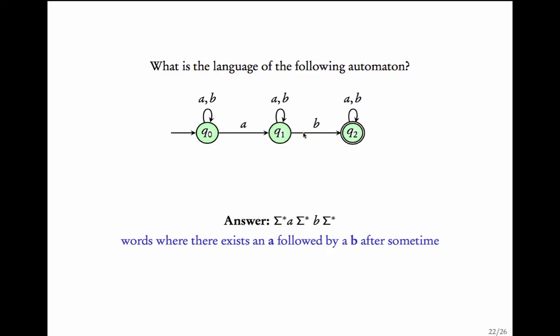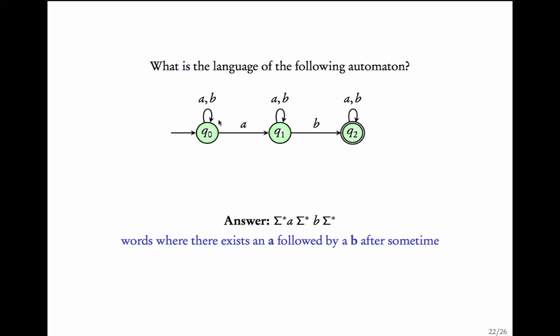There are multiple ways of accepting BBA, but as long as there is one path that takes me to an accepting state, I am done. This can be thought of as say request and response. Whenever there is a request, at some point of time, there should be a response. That is this automaton.